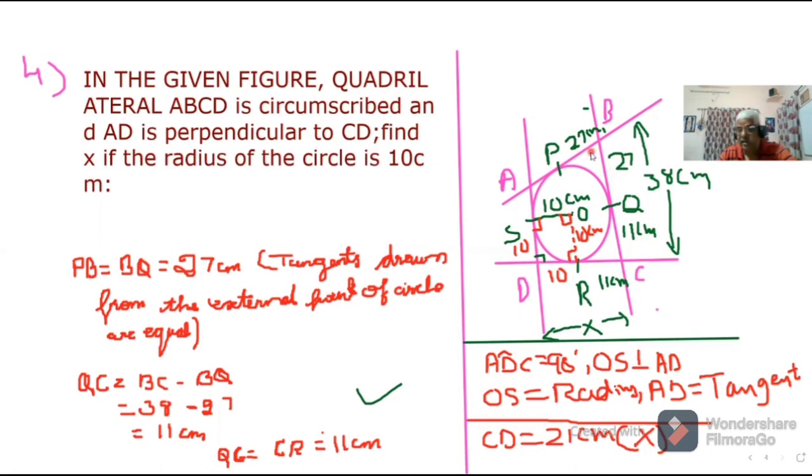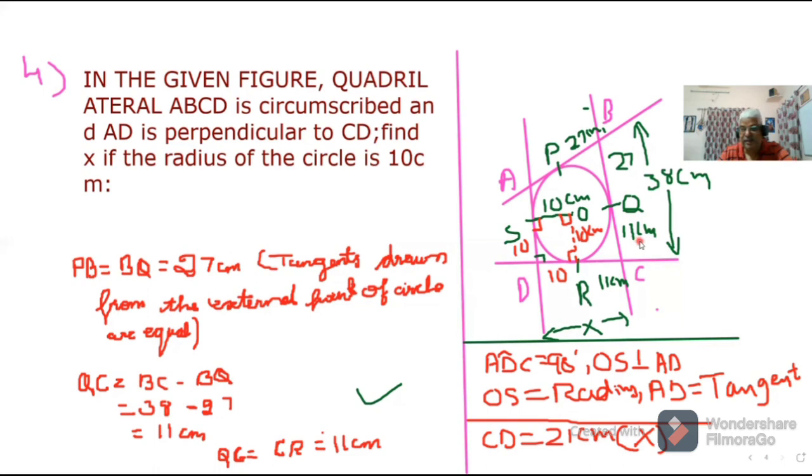They given 27 as PB measurement. Therefore, BQ is also 27 centimeter. This is the first stage. Next, second one. BC measurement they given 38 and we found that this BQ is 27, and 38 minus 27 gives you 11 centimeter. That is the measurement of QC.